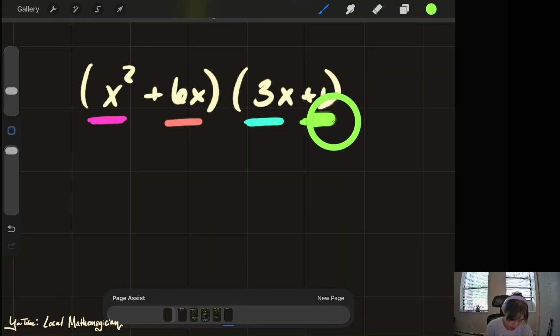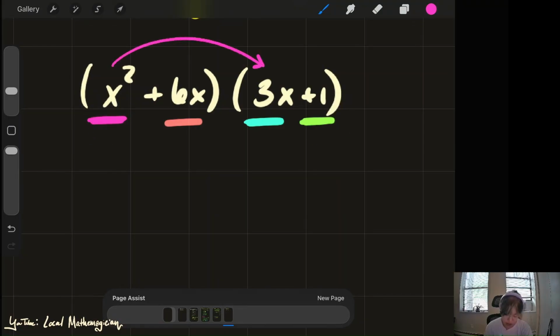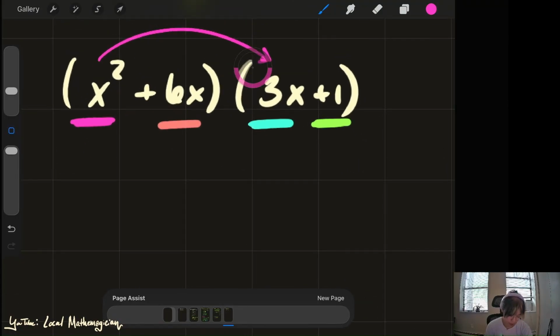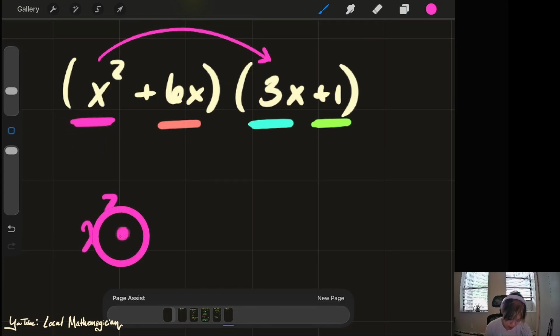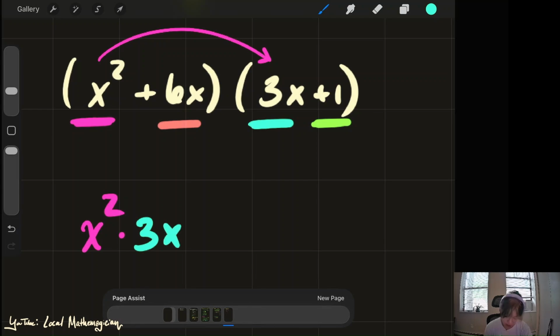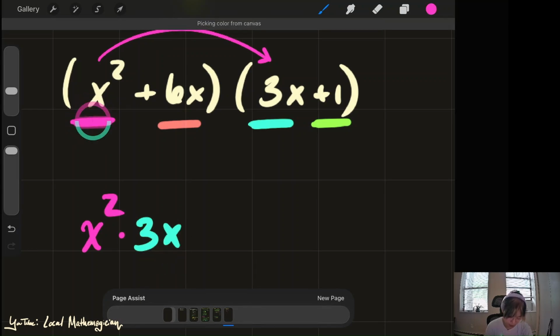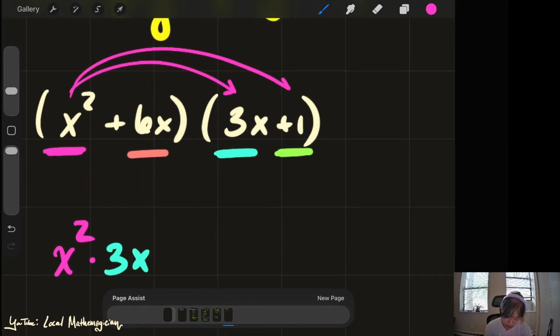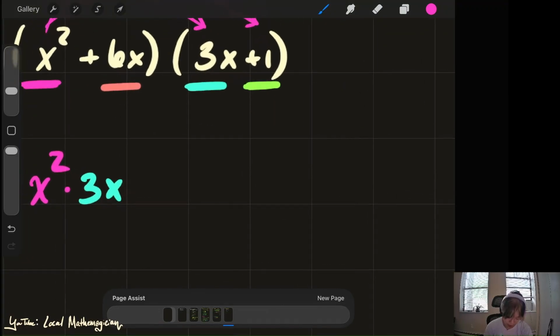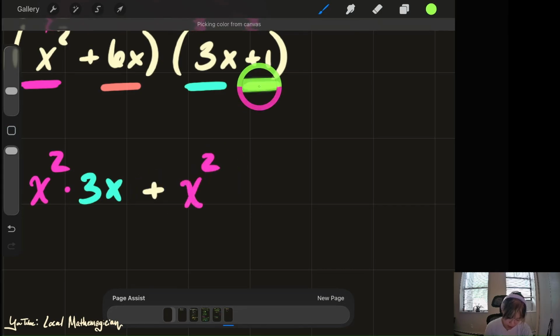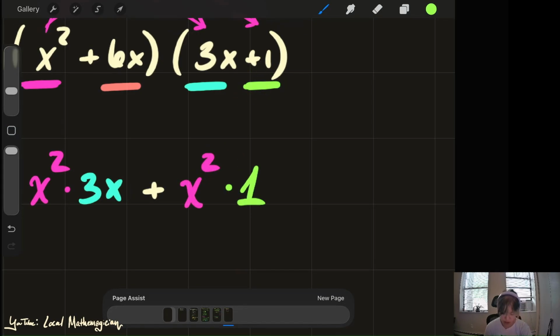So if we were to distribute, going like this, we have a pink-blue term. So we have x squared times 3x, all right? And we also have a pink-green term, so we're going to add plus x squared times 1, just like that.